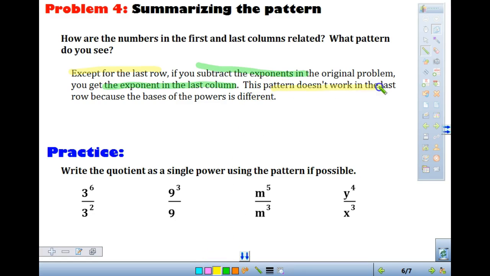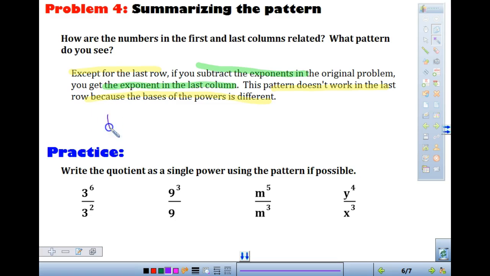So the pattern doesn't work for the last row because the bases are different. So, how could we say the first and last related? We subtract exponents. So if you even kind of want to go with what I highlighted up there, you don't have to write every single word.